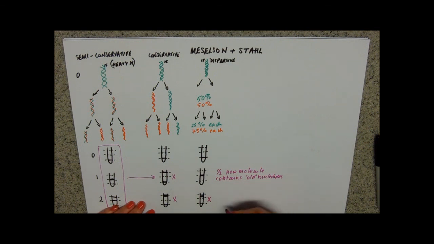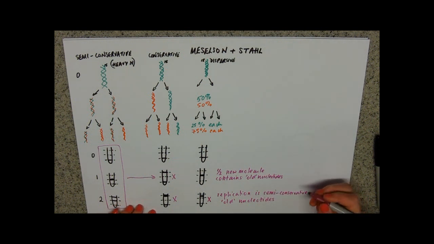So this tells us that the replication is semi-conservative, and that old nucleotides are preserved as a polynucleotide strand.